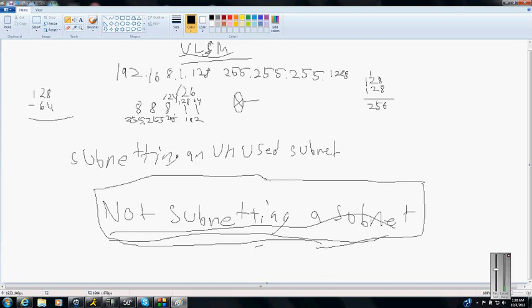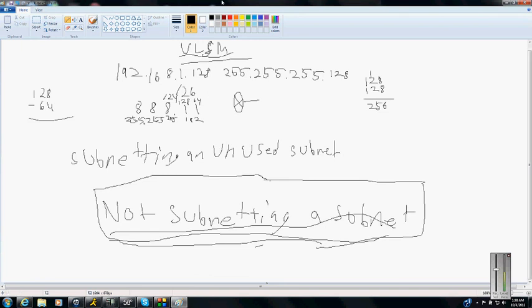In this case, it's the last octet. If it was the third octet, whatever. We need to find out what our increment number is, and at what octet. In this case, it's the fourth octet.